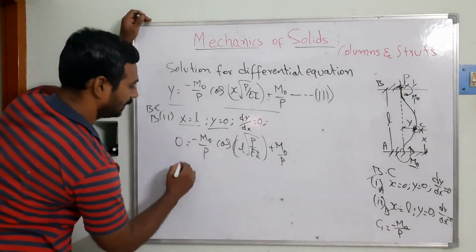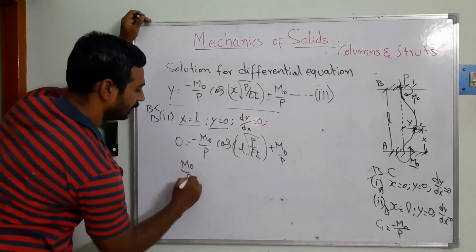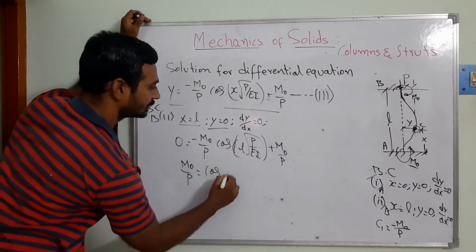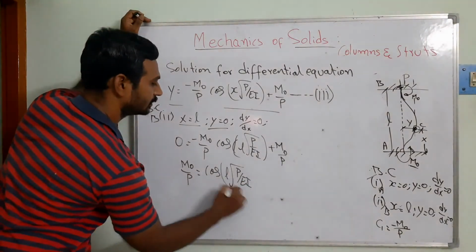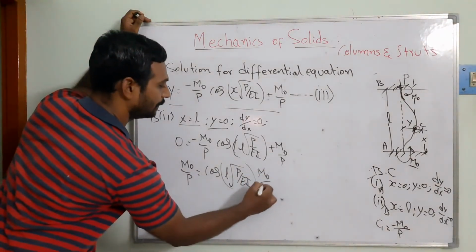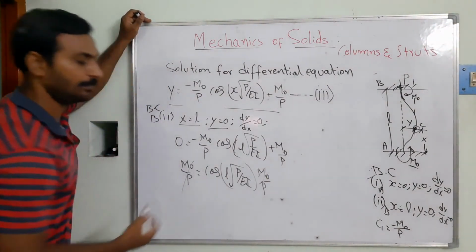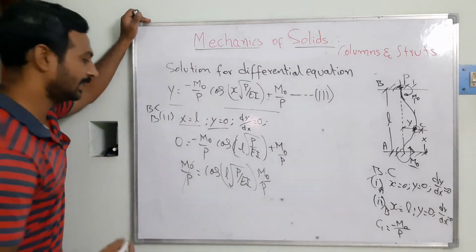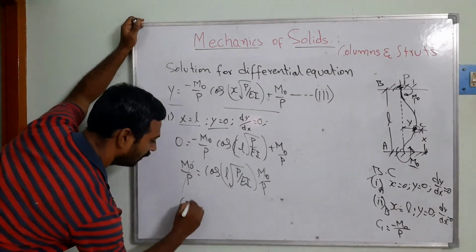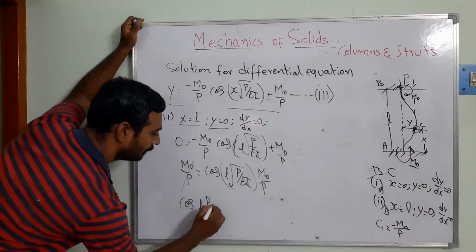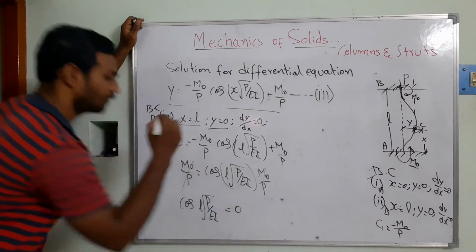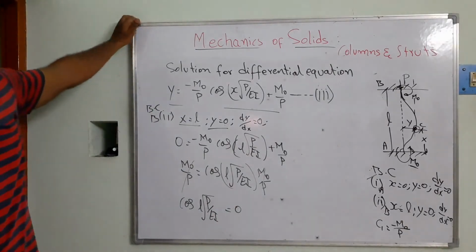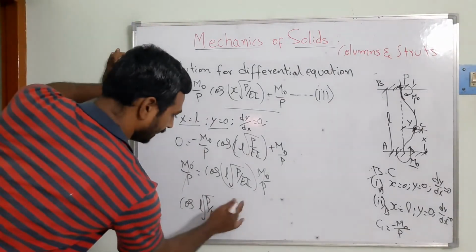So that I am going to take m naught by p is equal to cos L into the square root of p by EI into m naught by p. So this will vanish mathematically. Then this parameter is cos L into the square root of p by EI that is equal to 1 we are getting.